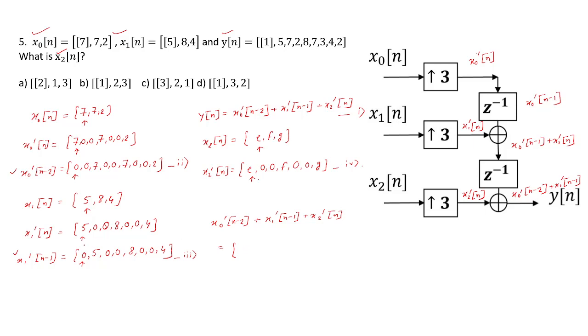You see the zeroth index, this is contributing 0, this is 5, this is E, so it is going to be 5 plus E.